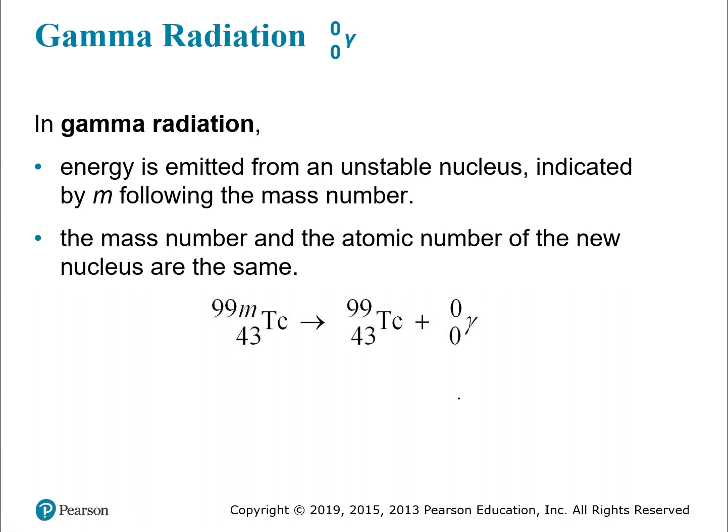All you do is add your symbol for gamma radiation. So notice the M here. That M shows that you're about to emit some energy from this unstable nucleus. And when you do that, you still have the same element, just less energy.